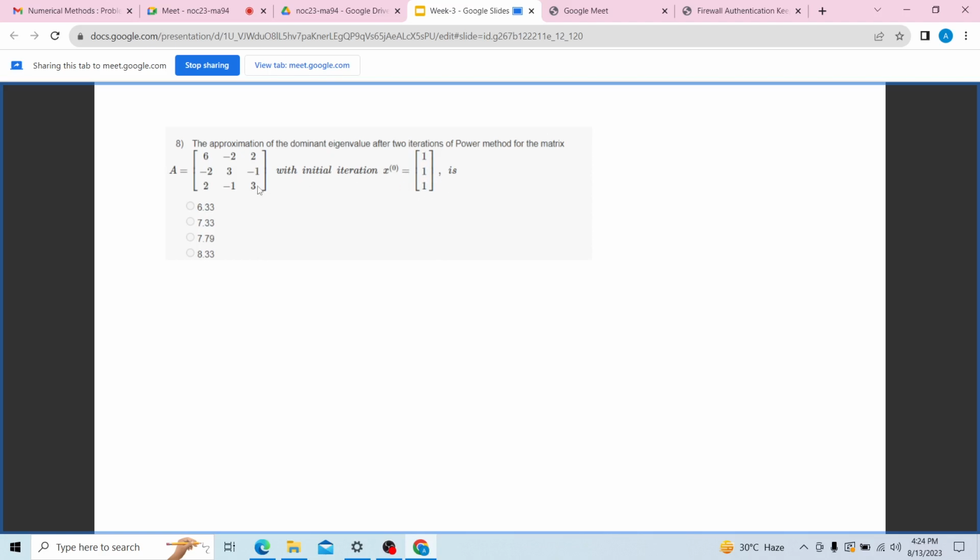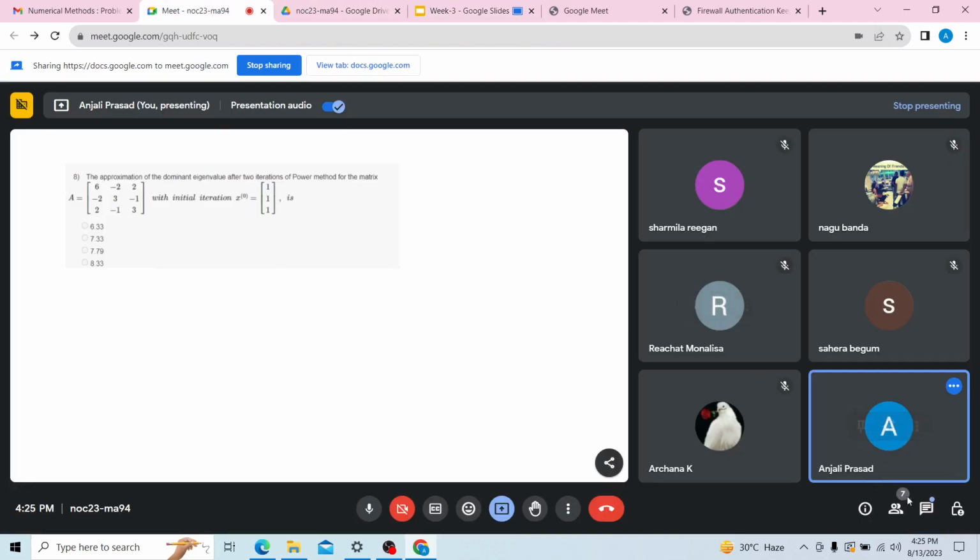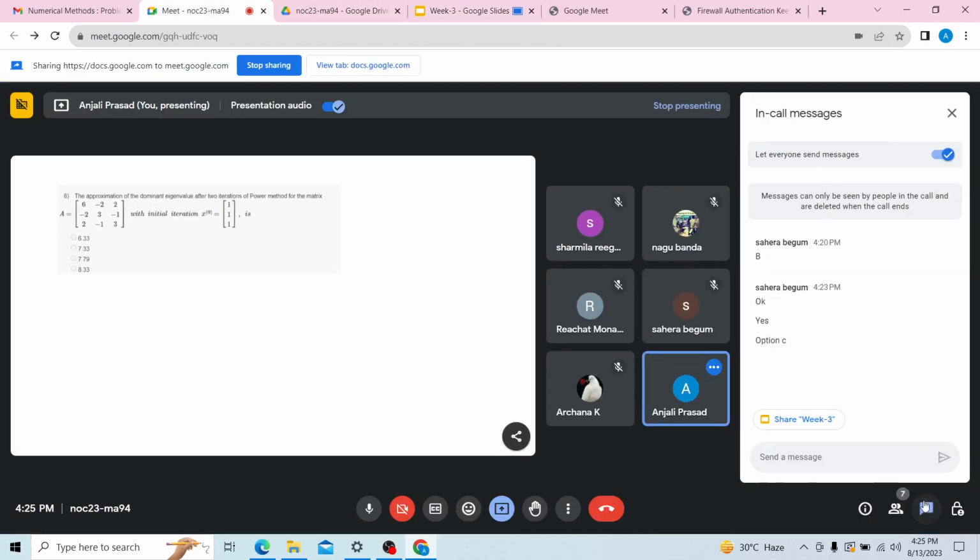So what is its value? 6.33, 7.33, 7.79 or 8.33. So the approximation of the dominant eigenvalue using two iterations of the power method you have to calculate, and the initial iteration you have been given. So calculate it. Okay, let the others calculate using the power method.